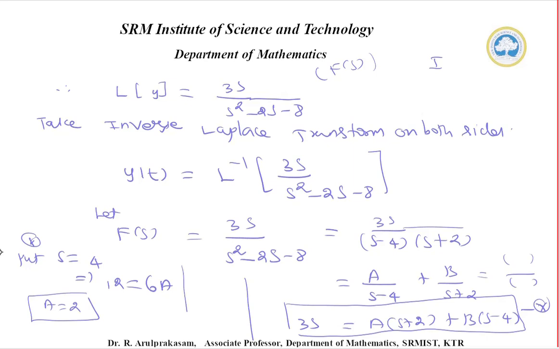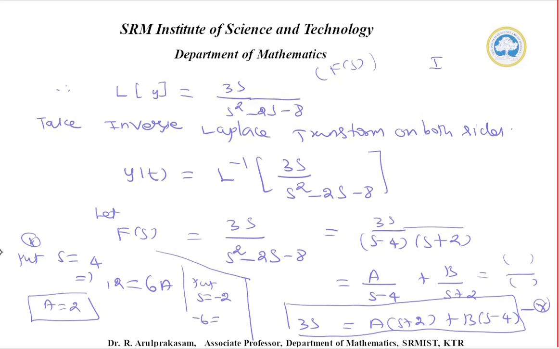And likewise, how am I getting the B value? Just choose a suitable s value so that the A term will be 0. My better choice is to put s is equal to minus 2. So what happened here? This term will be 0, and I am getting minus 6. How?